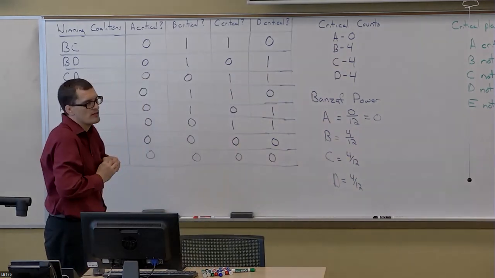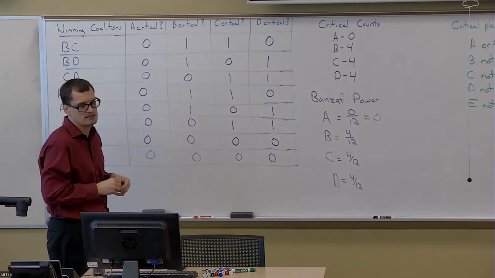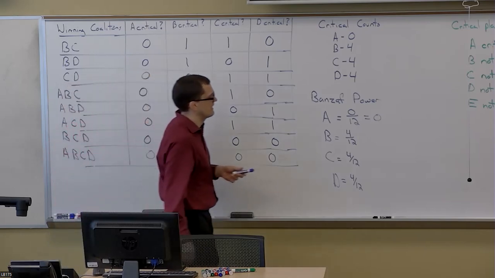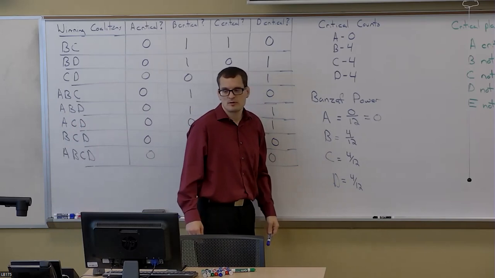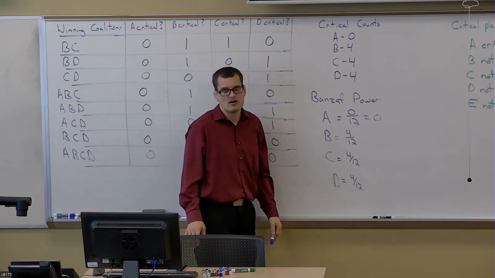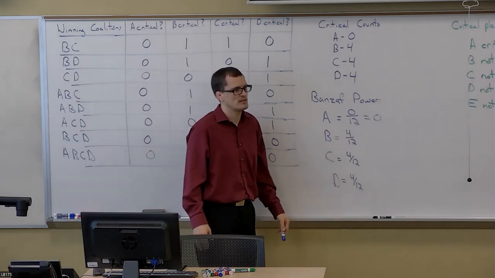So with a quota of 21, the Banzhaf power index for B, C, and D are all 4/12s, or you can simplify to 1/3 if you like.